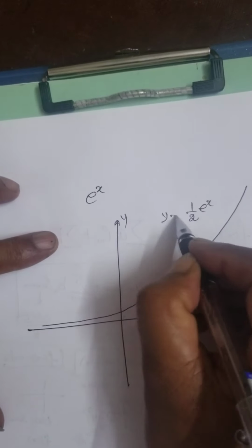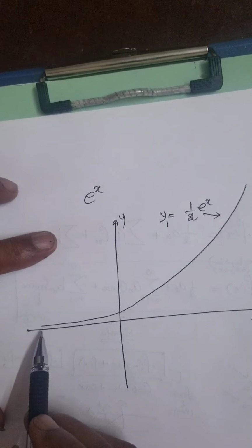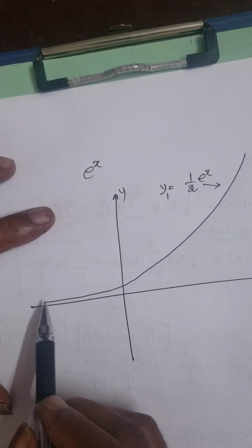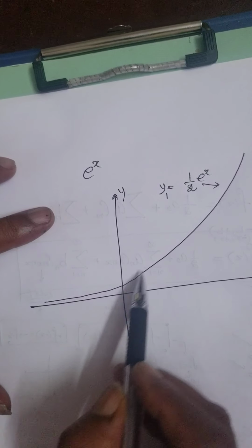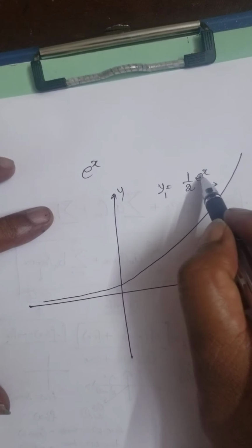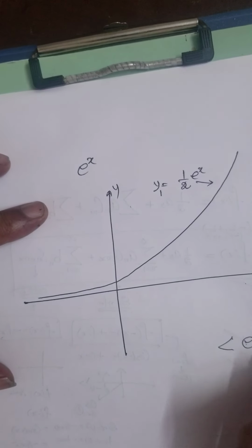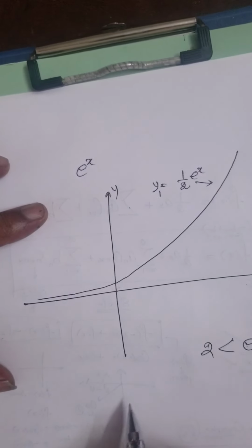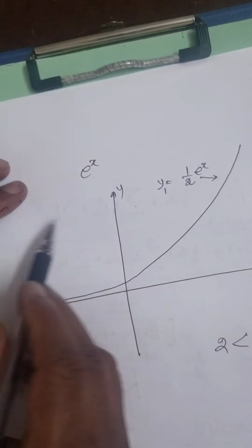This is y is equal to e to the power of x. This is one wave. It is going like this, and it is an increasing function, right? What is the value of e? e lies between 2 and 3. You take another function. See, if it is plus, it goes like this.